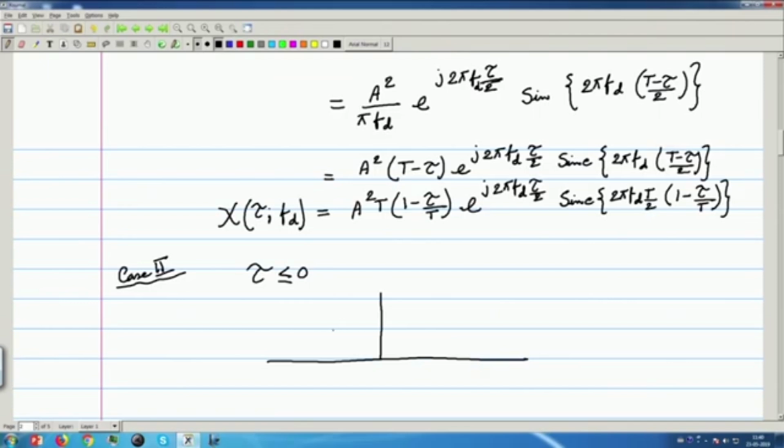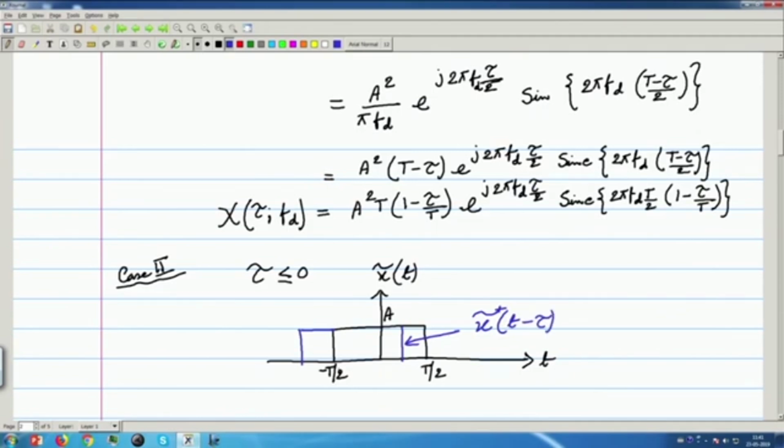So, I am again drawing this, this is your x t, this is t, this is minus t by 2, this is plus t by 2, and let us take what happens if tau is negative. Then you know that it will extend somewhere here and it may come here. So, this is the new pulse, x star t minus tau.